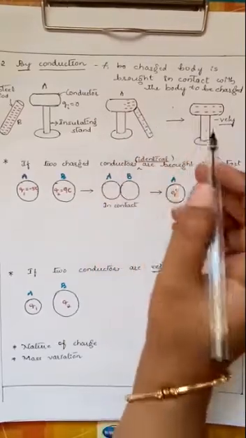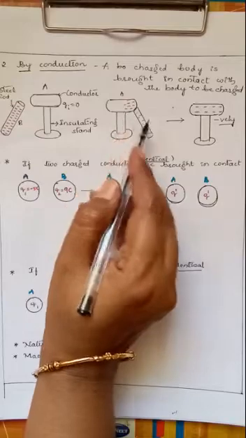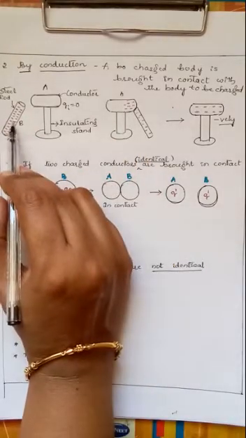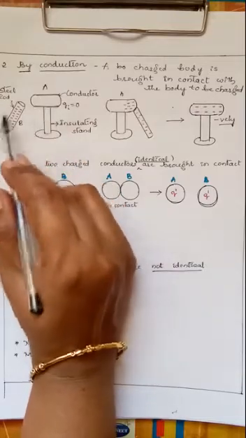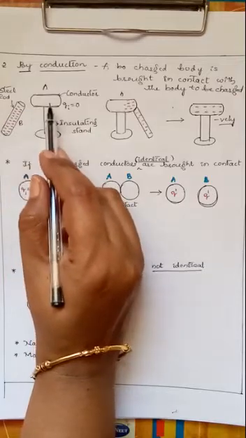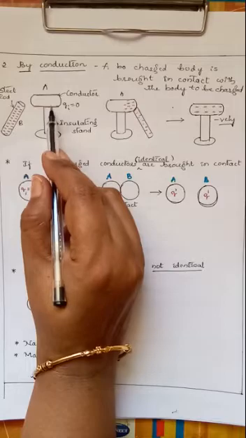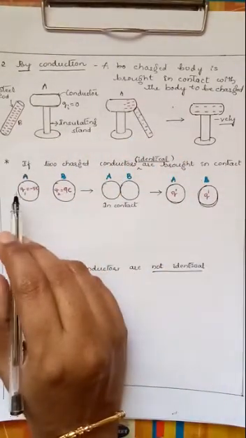Since sharing of charges takes place, there must be variation in the mass also. The steel rod is going to lose its mass, whereas this conductor is going to gain mass because of gaining excess electrons. In this, let us see some special cases.